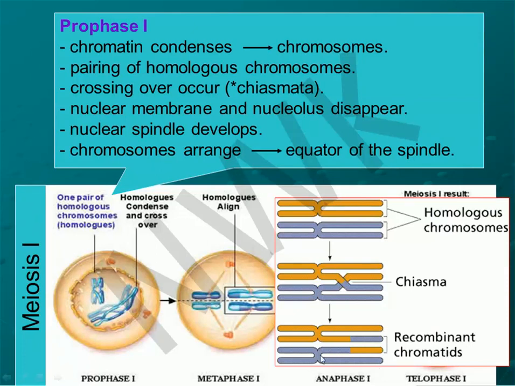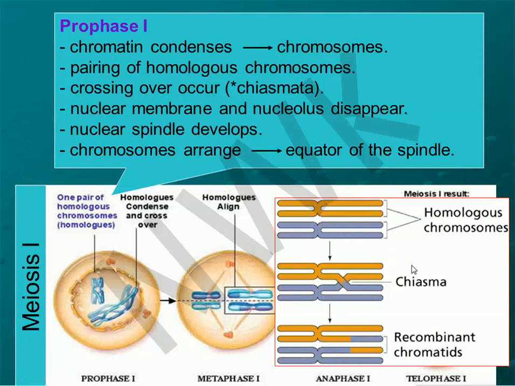That's why sometimes you can look exactly like your father, but you have your mother's eyes. That's how crossing over provides variation in the product formed. In this process, crossing over involves the exchange of chromatid arms between non-sister chromatids.